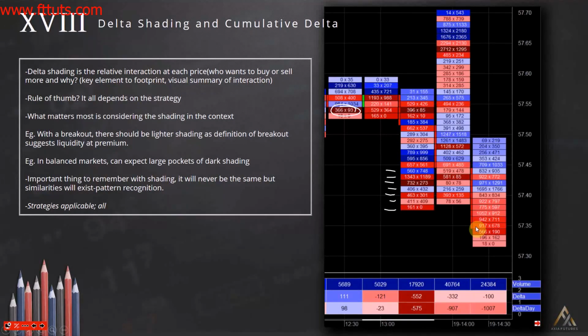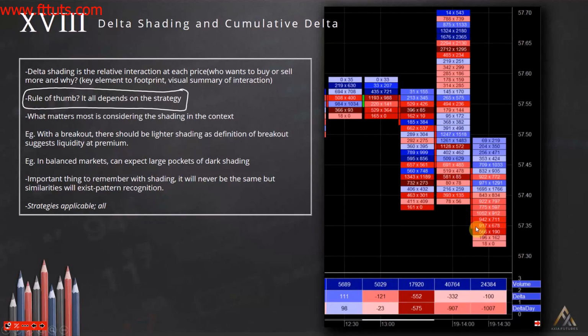Now, as I said, it's the key element to the footprint. Because we can visually represent this, we need to have some understanding of what the color scheming means. Note, like I said, the color scheming doesn't depend on anything other than the strategy you're trying to execute.